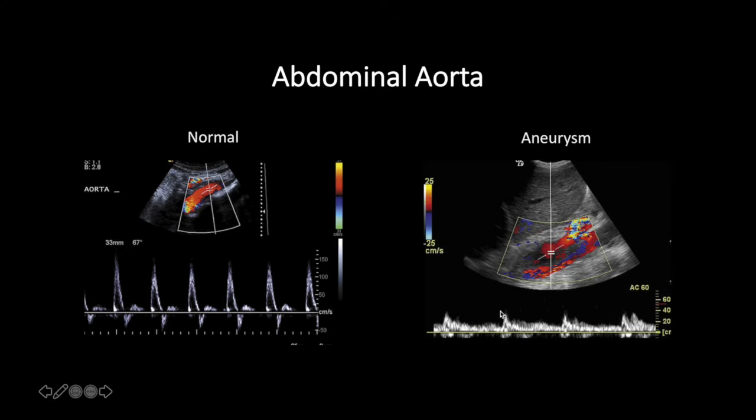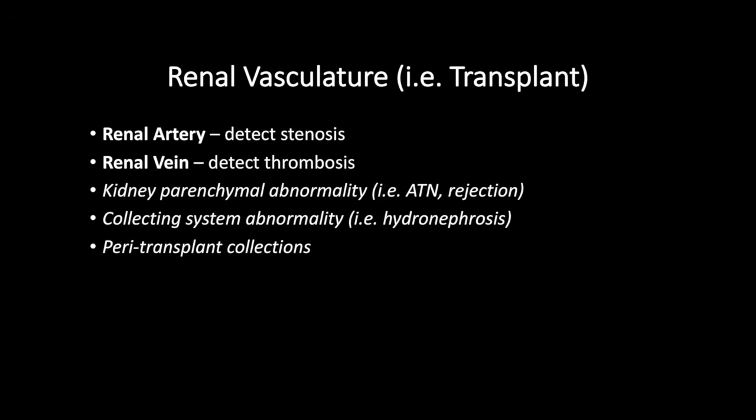You'll also notice that it's relatively low velocity. Not only is it low velocity, but it's also relatively low resistance. Look how high resistance a normal aorta is, and look how low the resistance is here in an aneurysm.